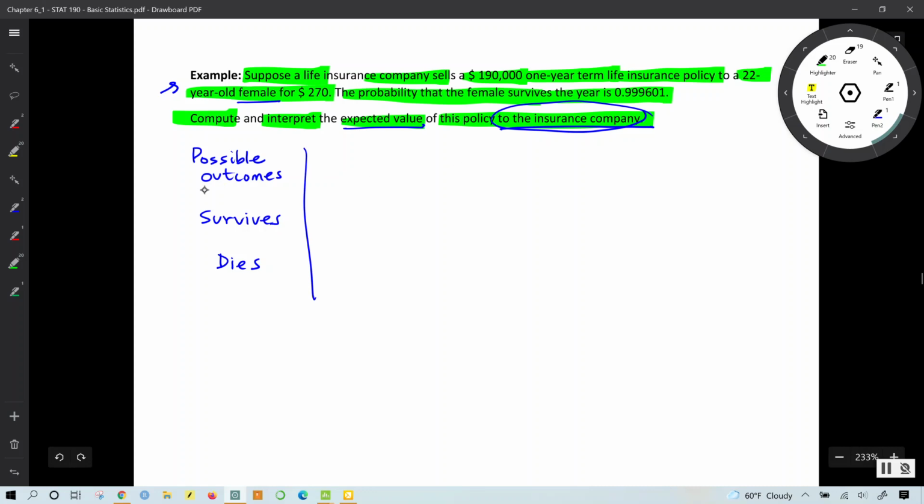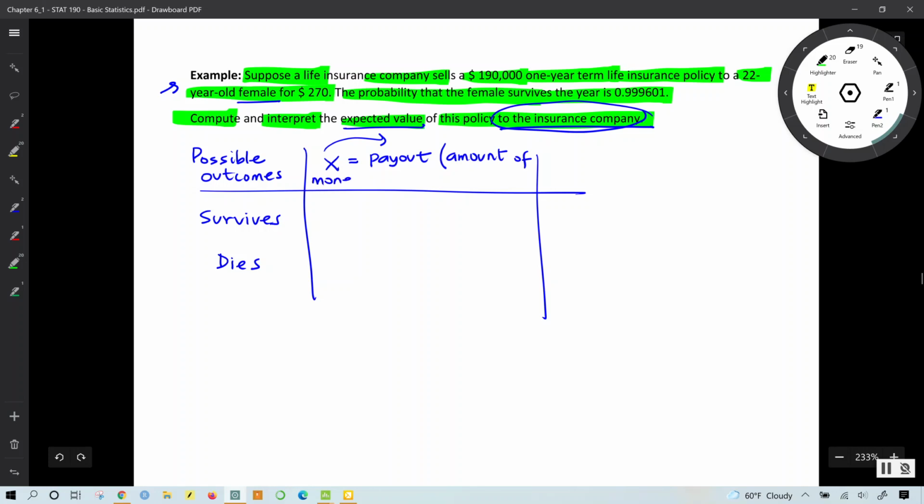Then we define our random variable x as the amount of payout, that is, the amount of money lost or gained during that year by the insurance company. Then we look at the probabilities of x.